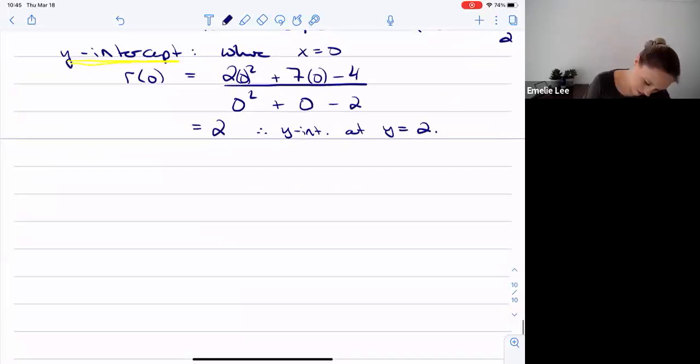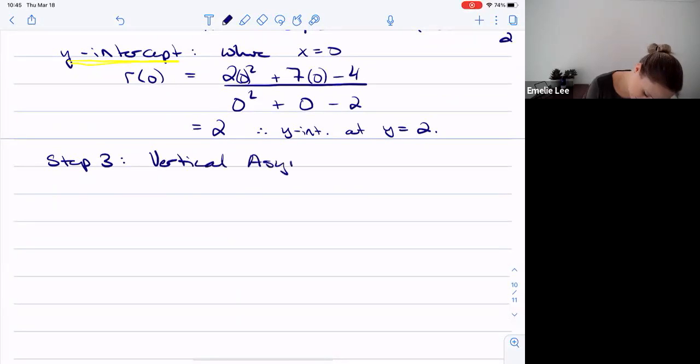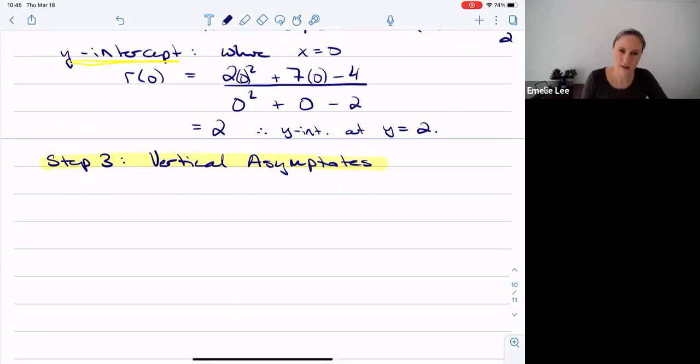The vertical asymptotes. This is why we factored the denominator, right?